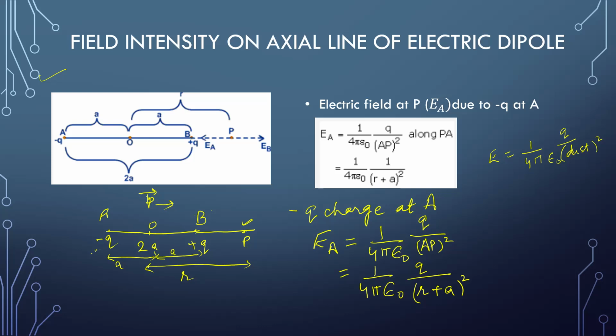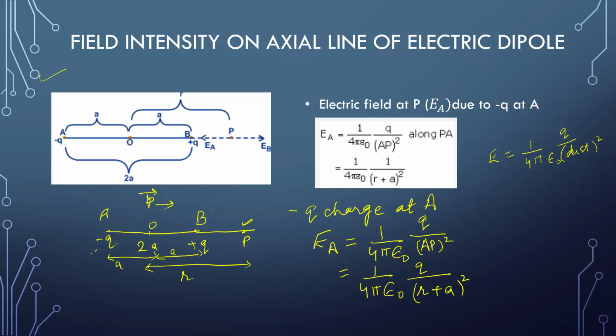Have you understood this? And what will be the direction of this field intensity EA? The direction of this field intensity will be along PA, because how do we find it out? When we want the field at a point, we find it out by placing a unit positive charge.